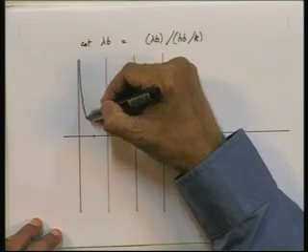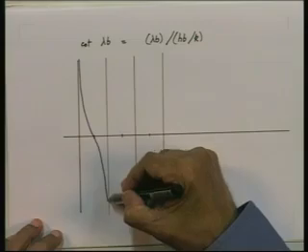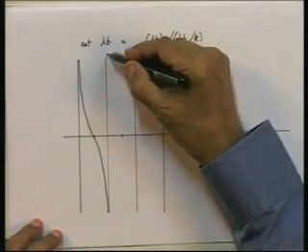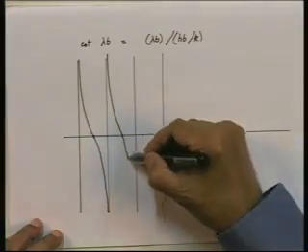The cotangent starts from plus infinity and goes to minus infinity, periodically, like this.